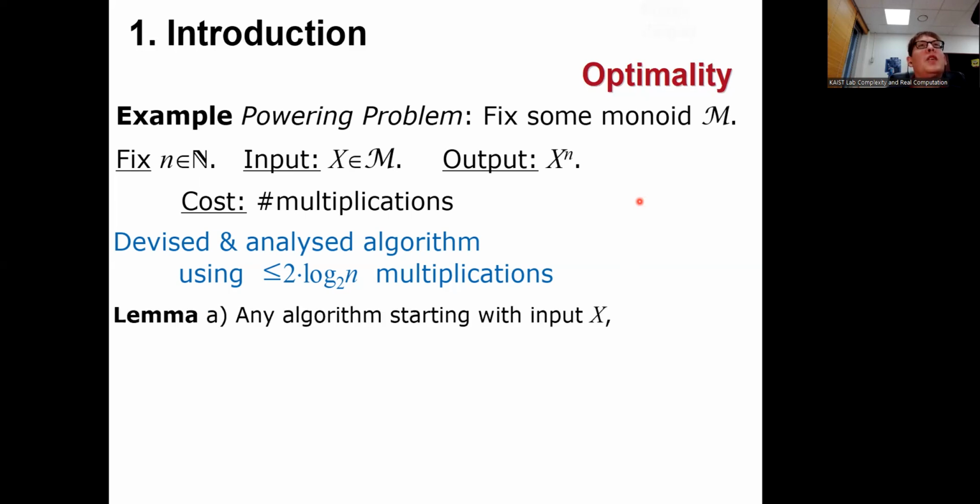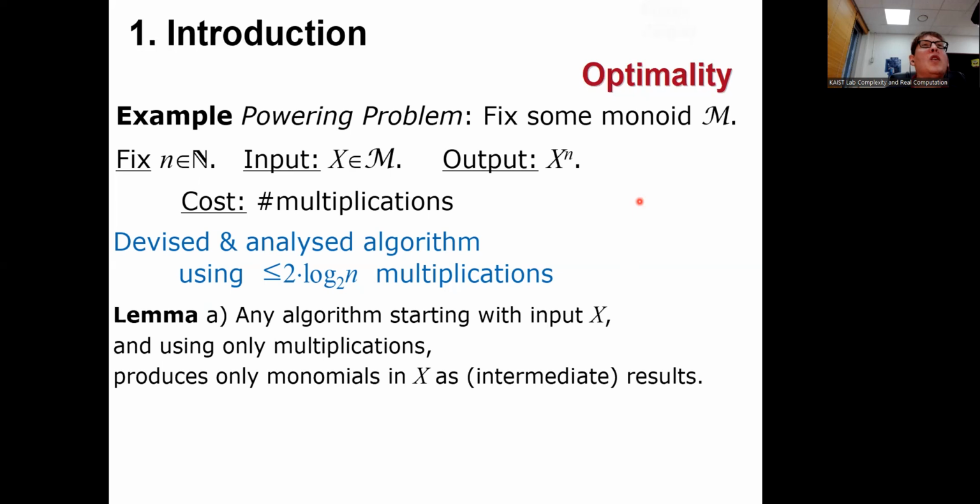And you see how we're going to do that using mathematics, using the first observation, item A of the lemma. Any algorithm following this paradigm of starting with input x and using only multiplications produces only monomials in x as intermediate results and thus also as final results.